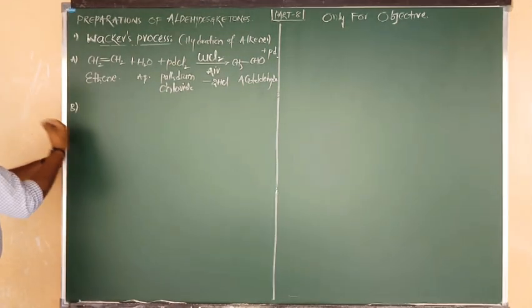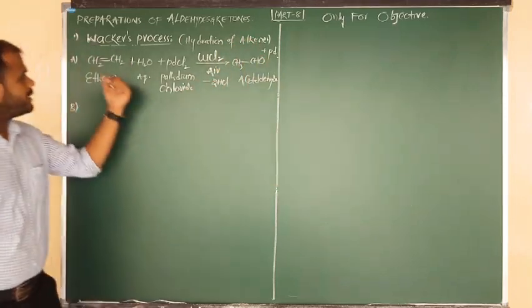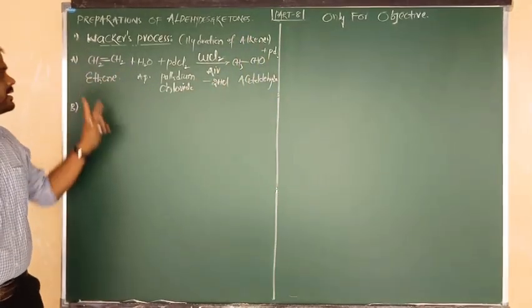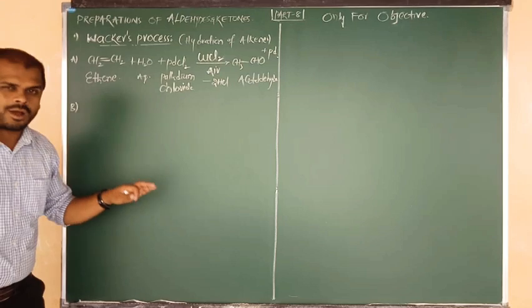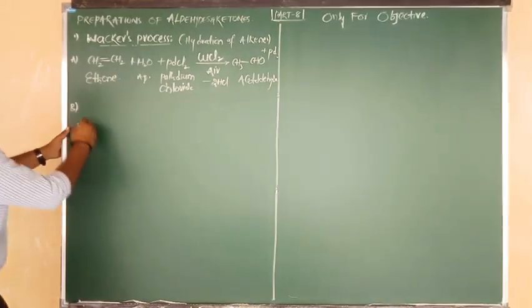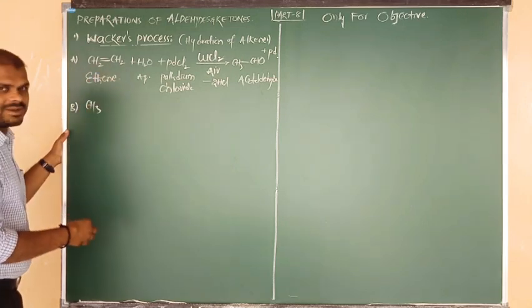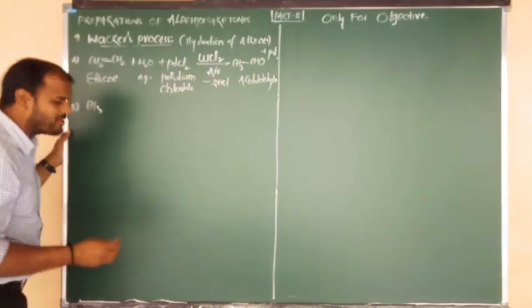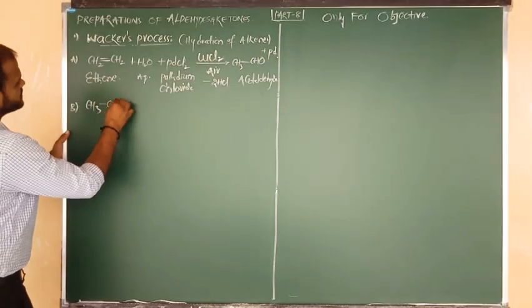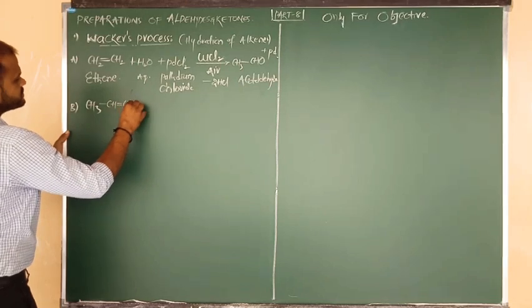Next, let me consider another example, hydration of alkenes. In the first example I have taken a symmetric alkene. Now let me consider an example for an unsymmetric alkene. Ethene is a symmetric alkene. Now you can consider propene, CH3 bonded to CH double bond CH2.